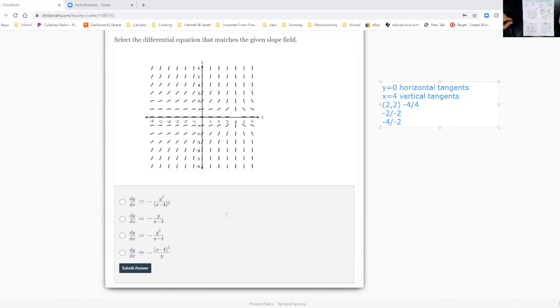So that would give us a slope of positive 2. So we've eliminated this one, and now we're down to these two. We have to try another point, because we're going to get a positive slope with this one and a positive slope with this one.